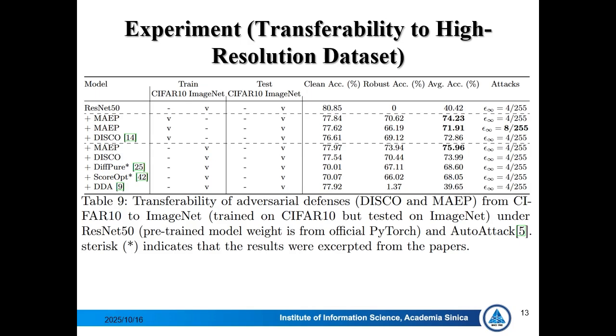Moreover, MAP attains higher clean accuracy because the reconstruction loss helps preserve image quality and reduce the discrepancy between the purified image and the original clean image. These results further confirm that MAP maintains robust generalization across both dataset domains and image resolutions.